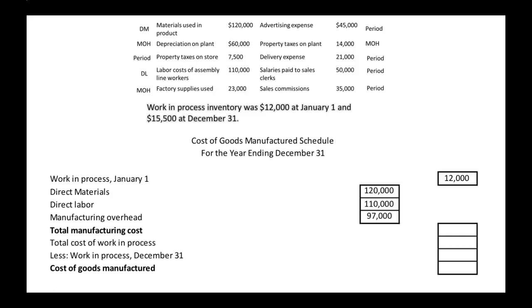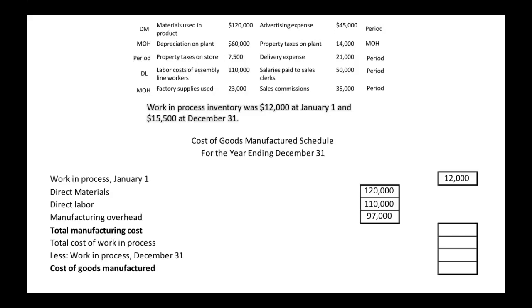So our next line is the total manufacturing costs. So that's all of the product costs that you incurred. So that's your direct materials, direct labor, and manufacturing overhead. So we're going to take our 120,000 plus 110,000 plus 97,000.